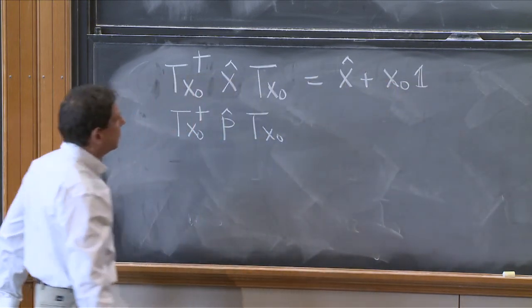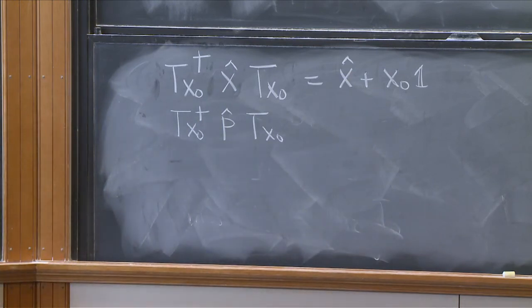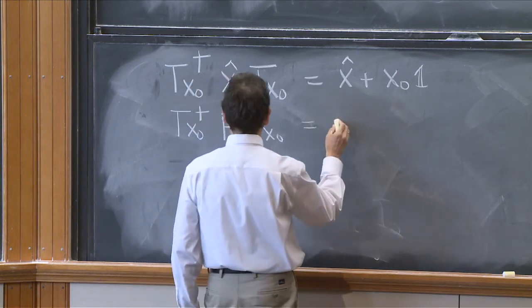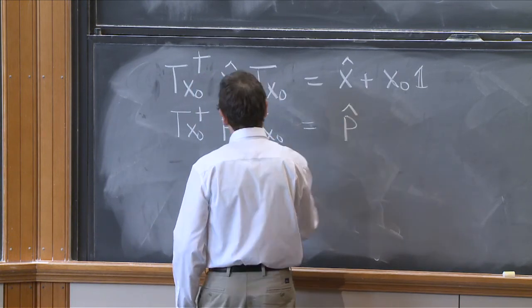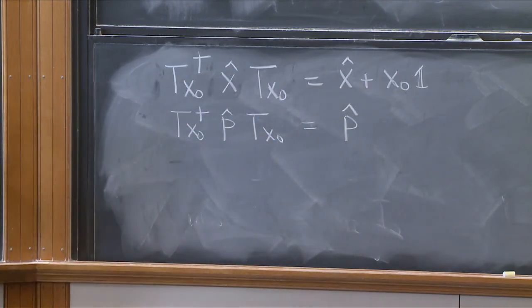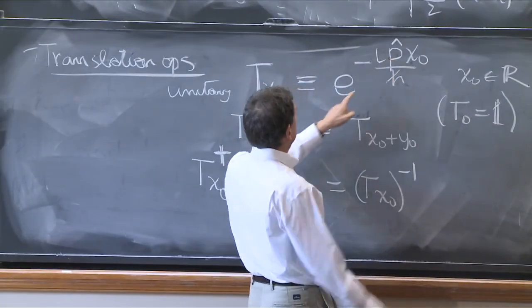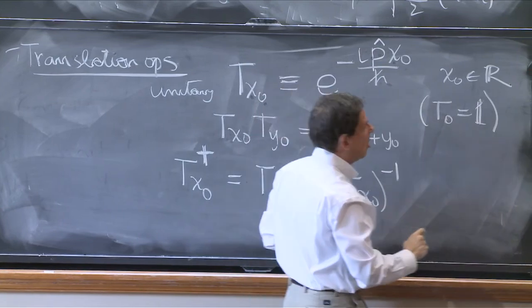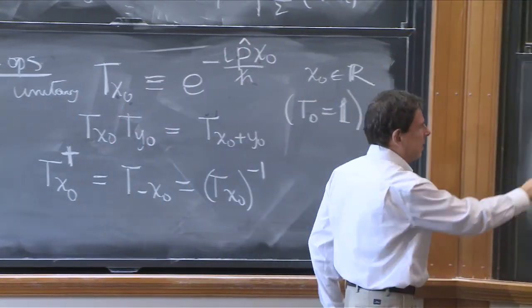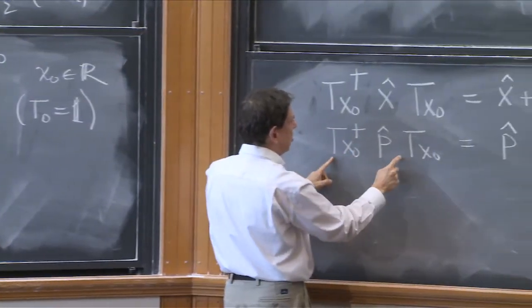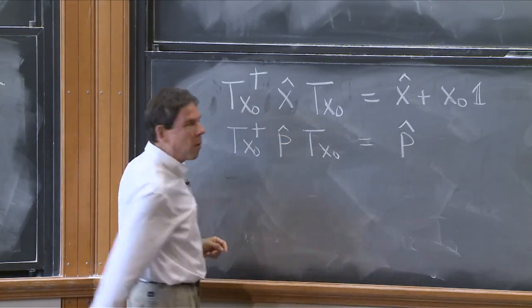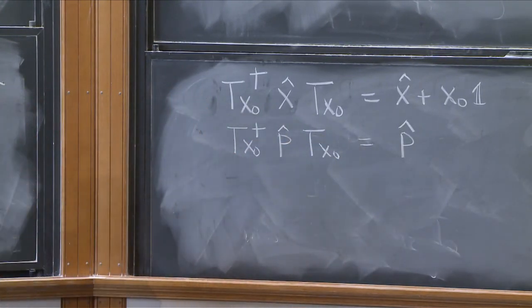And here you get just p. Why? Because p hat is the only operator that exists in this translation thing. So p commutes with p, the T dagger hits the T, and it's equal to 1. That's a simple thing.